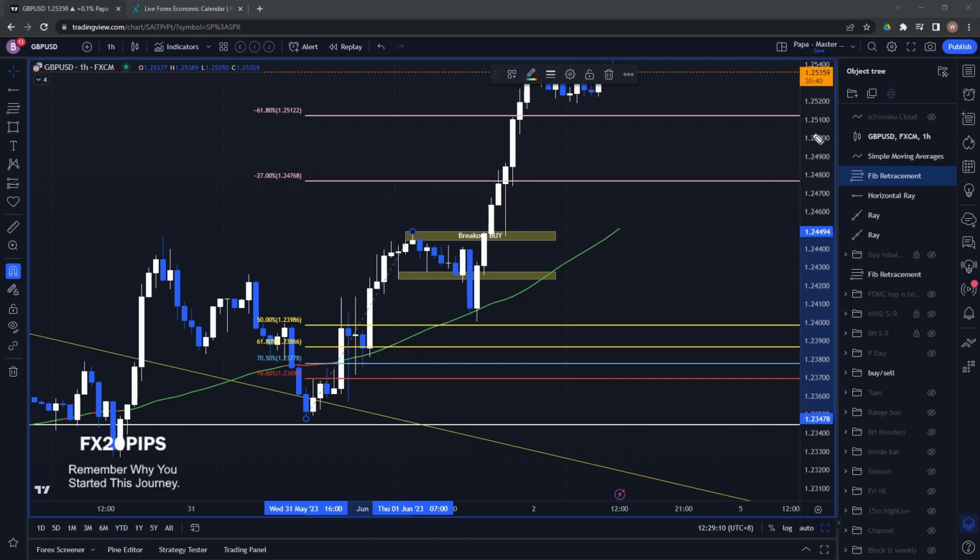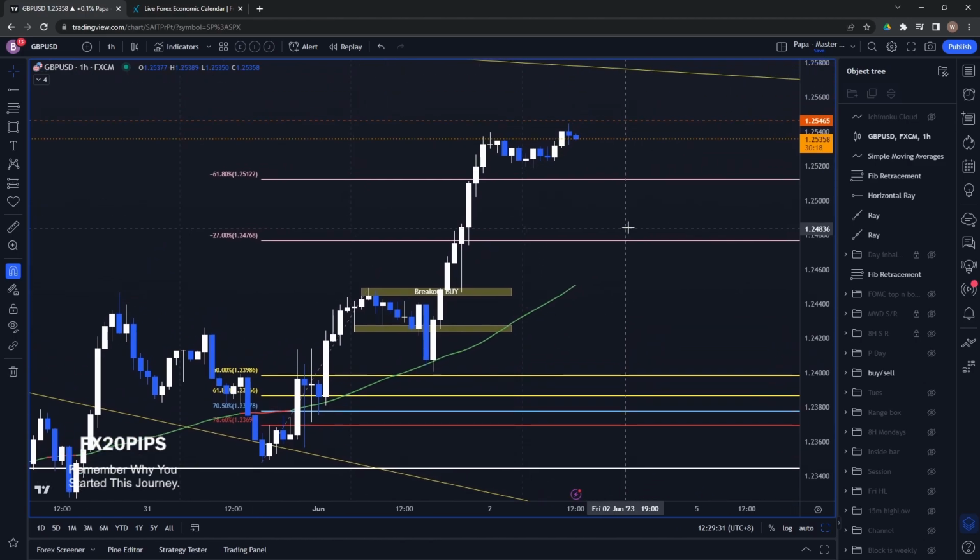Now let's move on. So here we can see the price exceeded this level. So how far can the price go? Let me remove this one.